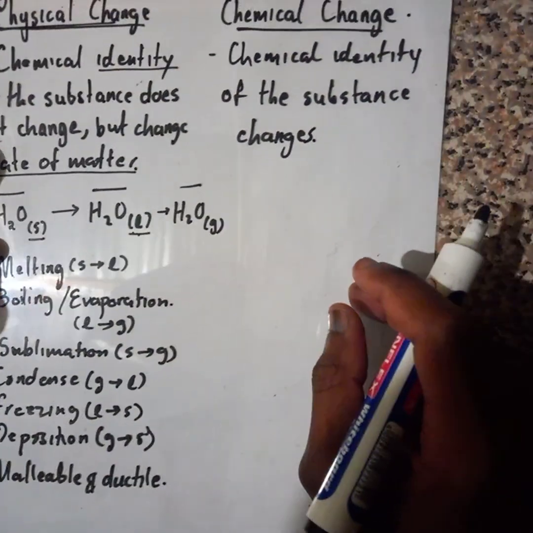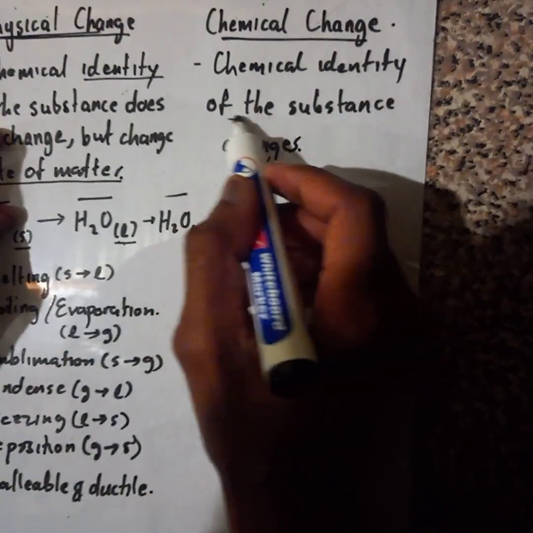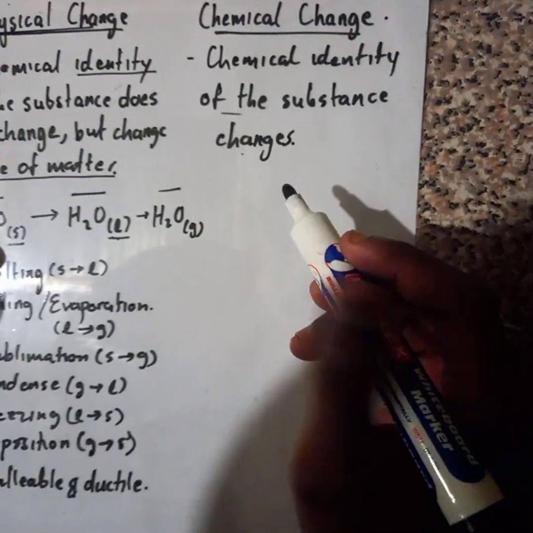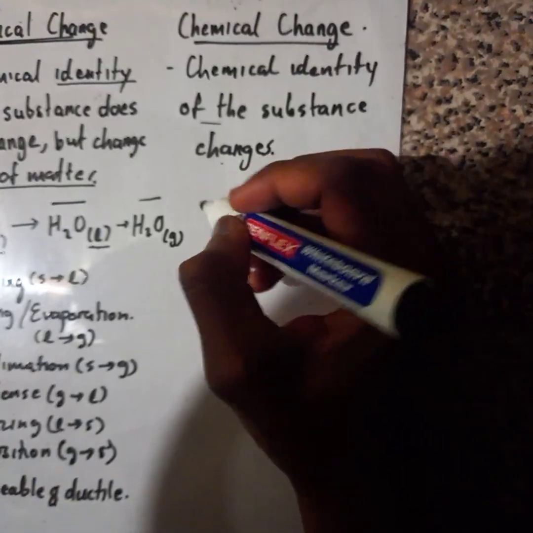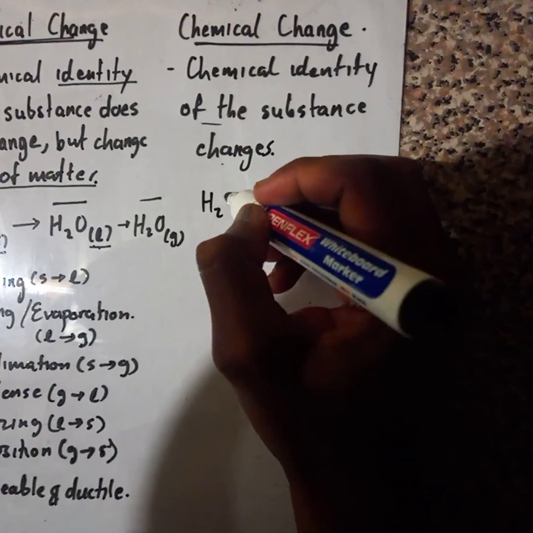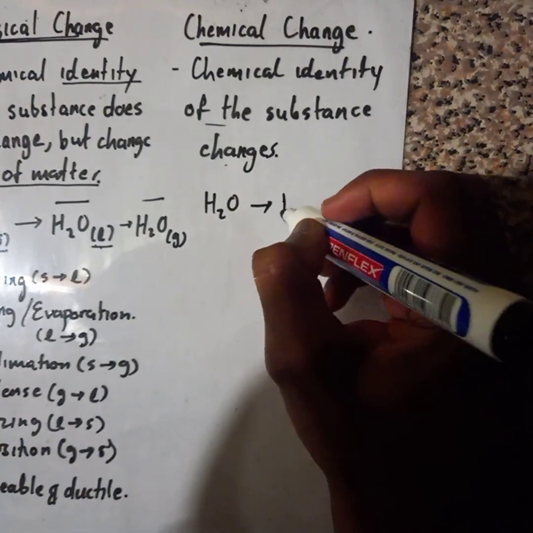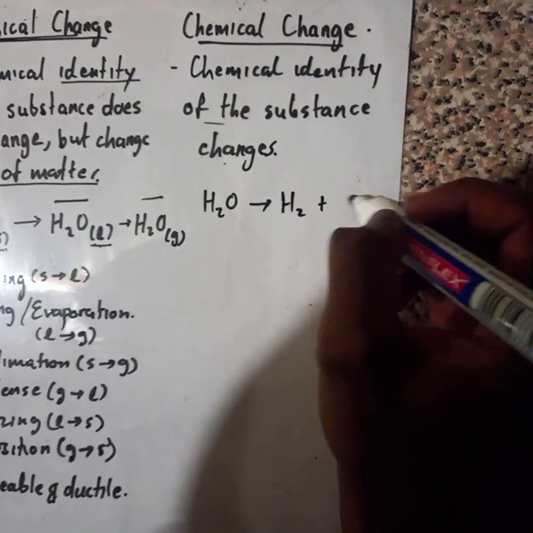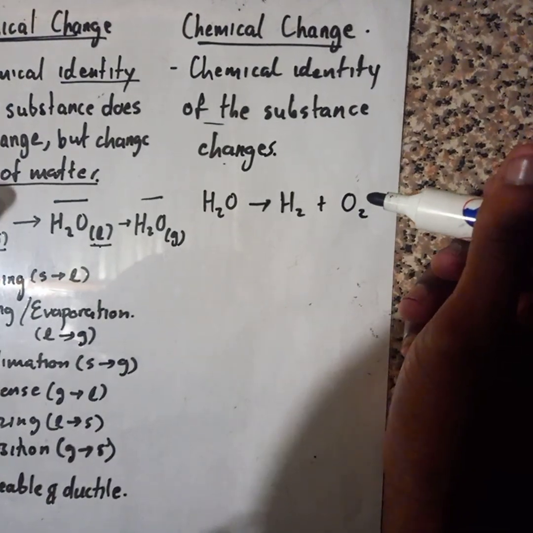Now let us consider what a chemical change is: when the chemical identity of a substance changes. Let's say I have H2O, and we allow H2O to decompose. Now it will form H2 plus O2.